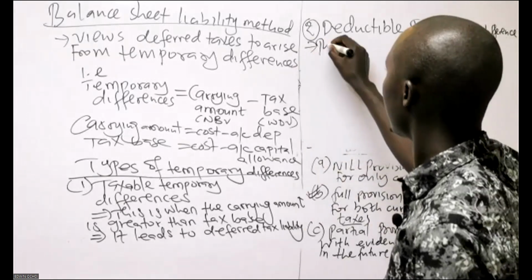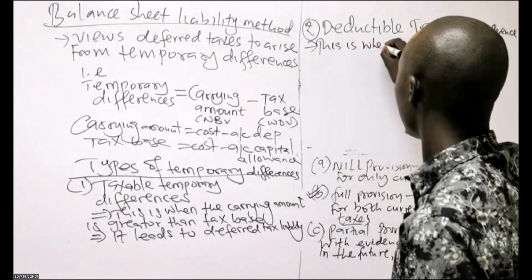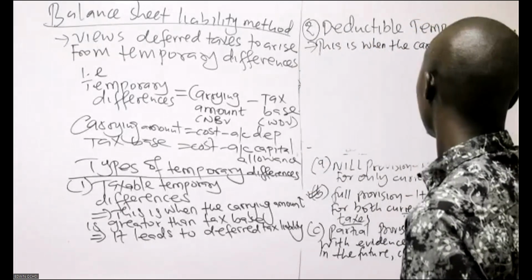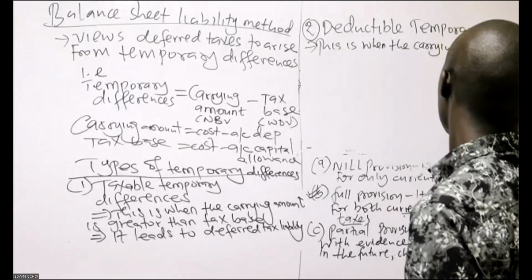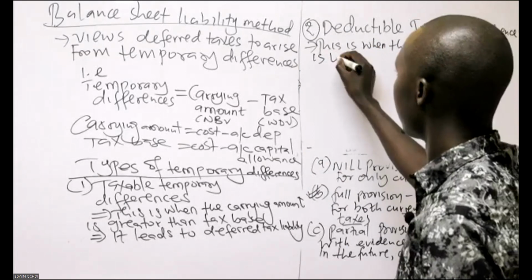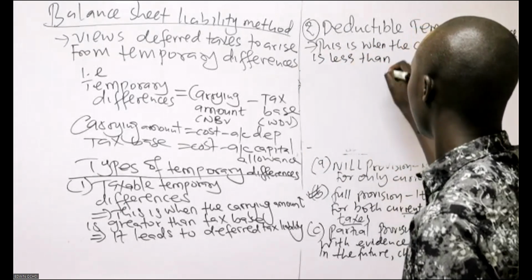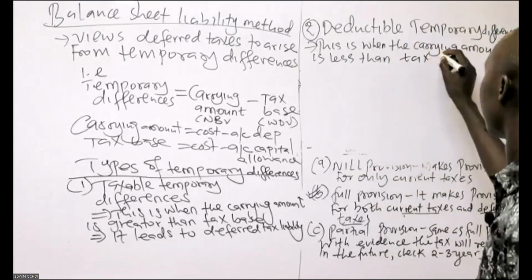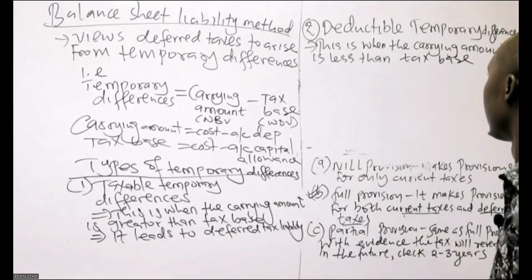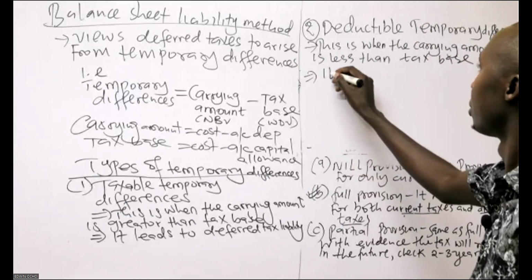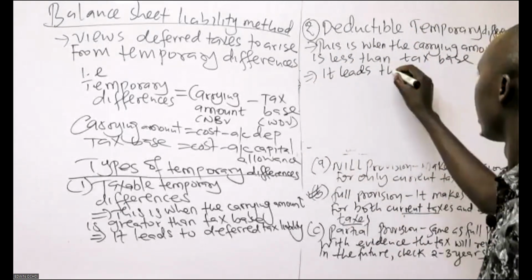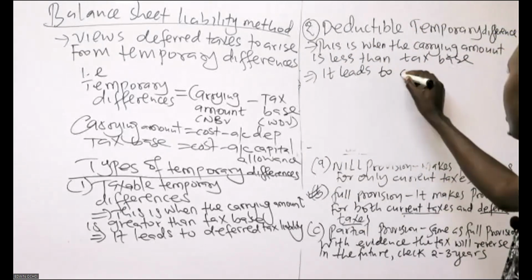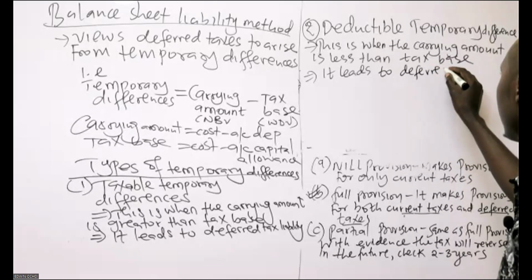This is when the carrying amount is less than the tax base. So it leads to deferred tax assets.